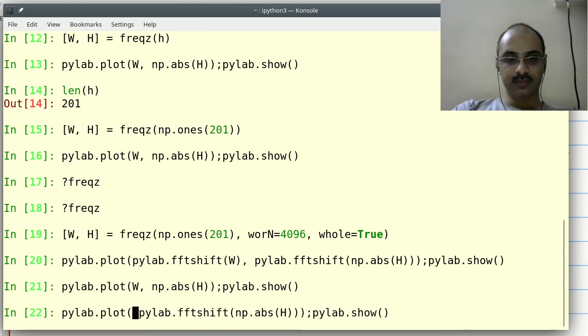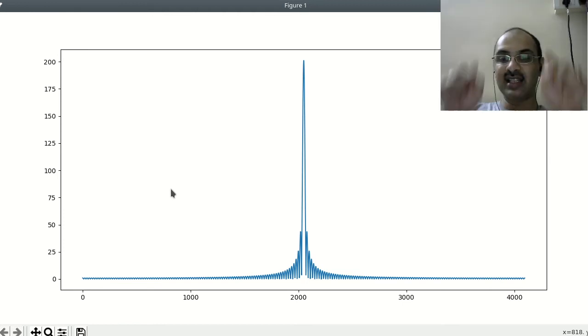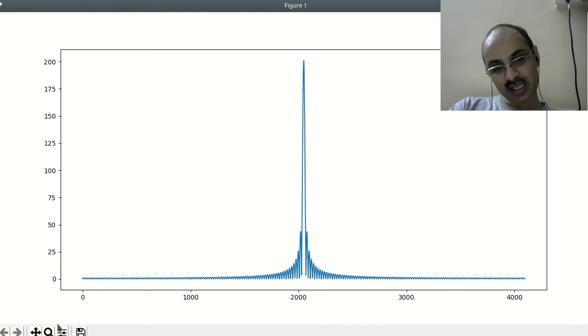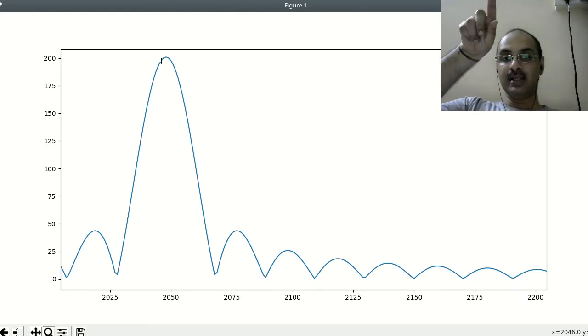Okay, so you see what happens. This looks like an impulse, almost like an impulse, but there are these little tiny ripples, and these little tiny ripples are what play spoilsport. For example, if you look over here, this looks like a sinc-like shape. It's not an impulse, it's not a very sharp one, but you can get closer to an impulse by doing one thing.